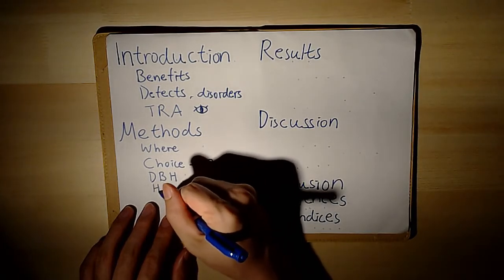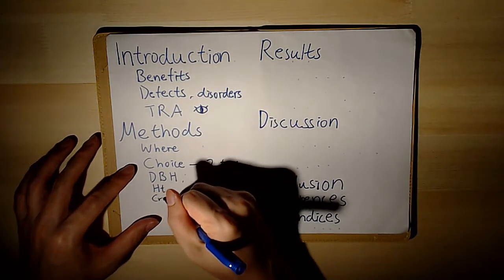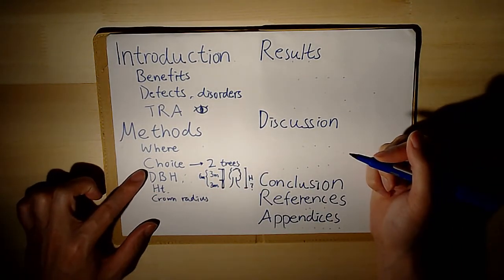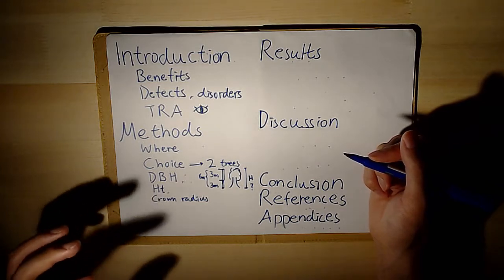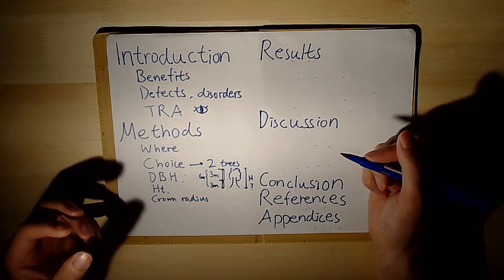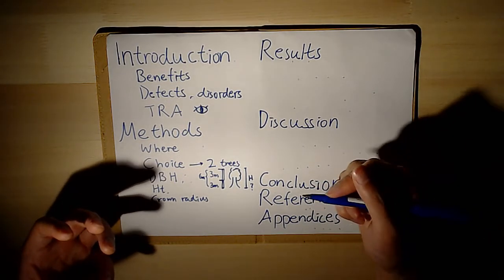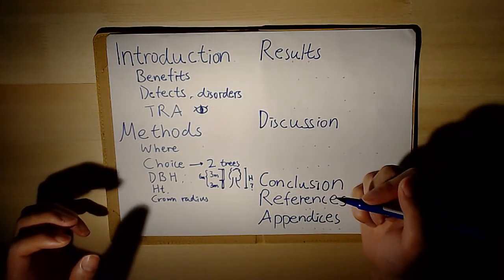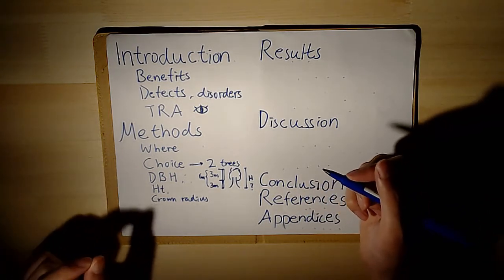Other than tree height, you can also go further by measuring the crown radius. Why do you need all these measurements? Because if a tree is weak in a particular part, you will want to know how big, how large, or how heavy that part is, so as to make an educated guess about the possible consequences of the failure of the part.